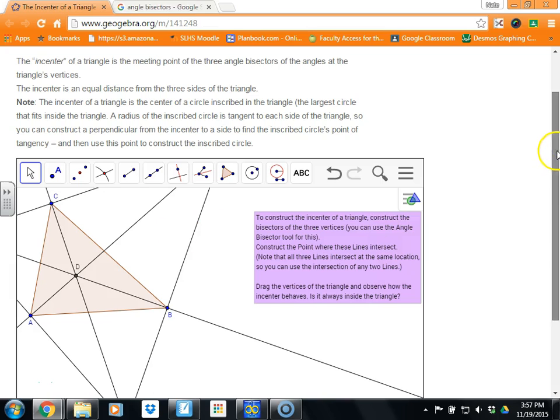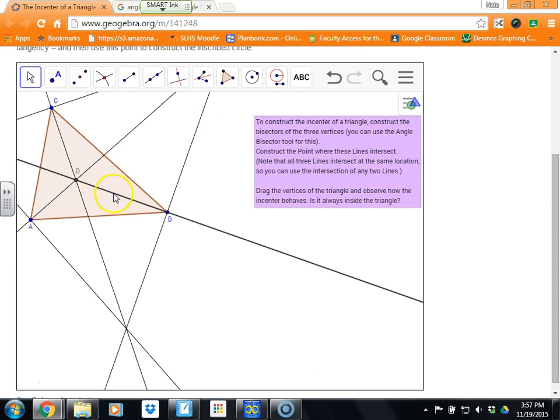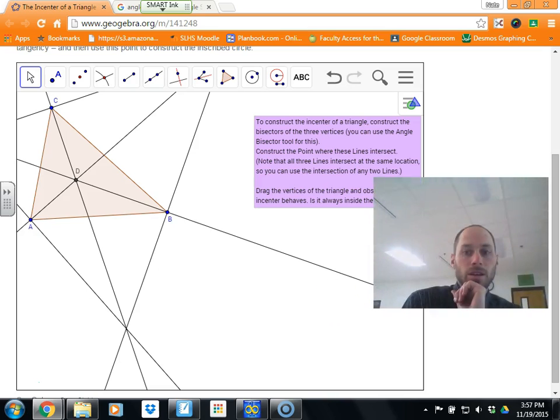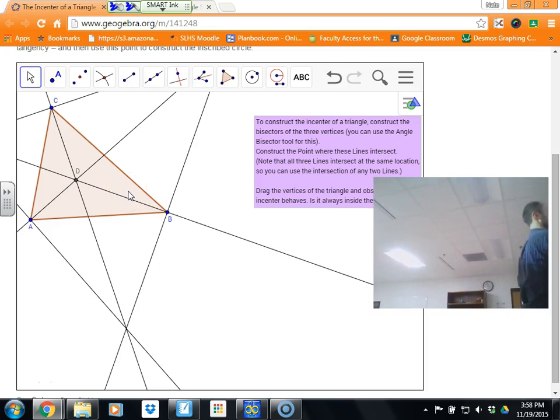So on this particular app, we've got a triangle, and we've got the angle bisectors constructed on GeoGebra. You can see going from C through D, B through D, and A through D. Notice those angle bisectors when I have them on there.